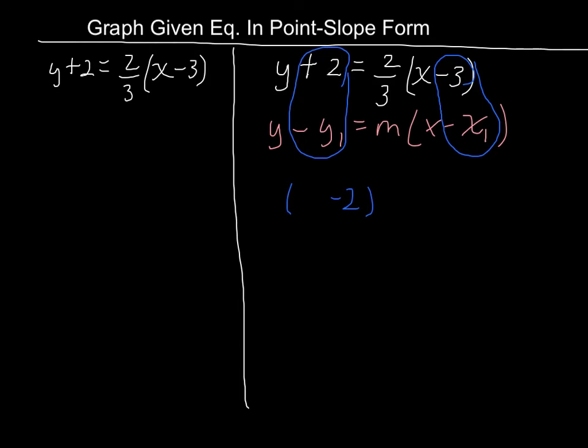Over here, since these are the same sign, it's going to stay the same. So the opposite of negative 3 gives me positive 3. So there's my x and my y, there's my point. And then the easy part is the slope. The slope is m is equal to 2/3.